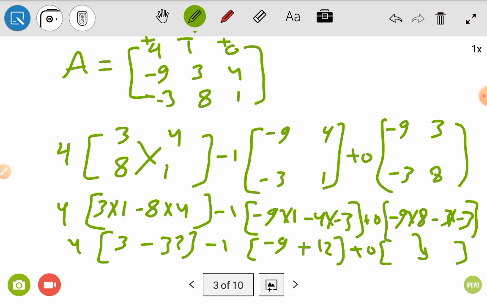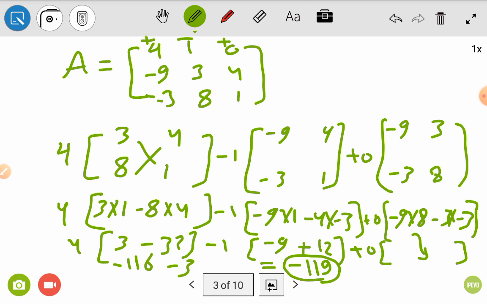Whatever is here, the answer will be 0. 0 multiplied by any number inside the bracket, whatever, will be 0. Here negative 28 multiplied by 4 is negative 116, and here negative 3 plus 3 multiplied by negative 1 will be minus 3. The answer will be negative 119.